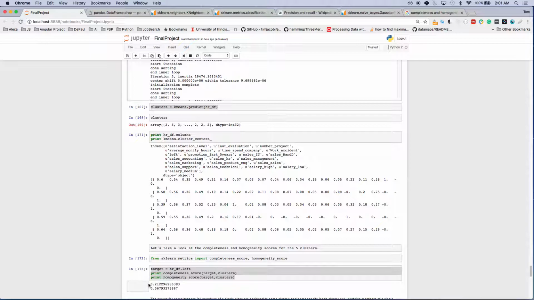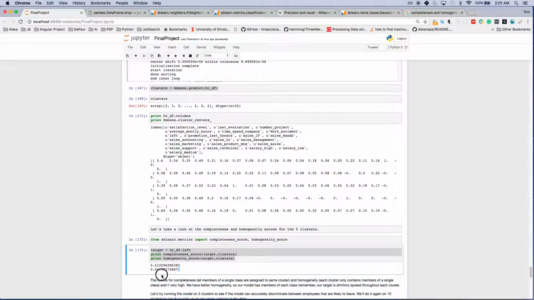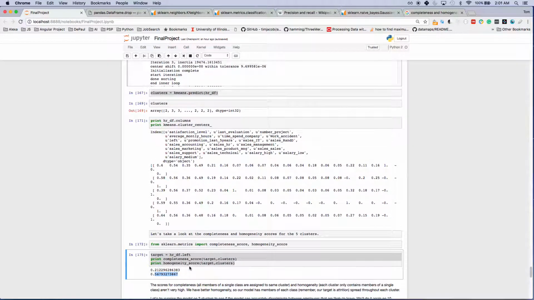You see that down here they had a 21% completeness and 57% homogeneity score, and that was kind of discouraging, especially the completeness score. Looking for patterns in that, I saw out of the 5 clusters that there was kind of a separation of employee satisfaction level. You had one group at 64%, and at the other end you had one at 39%.